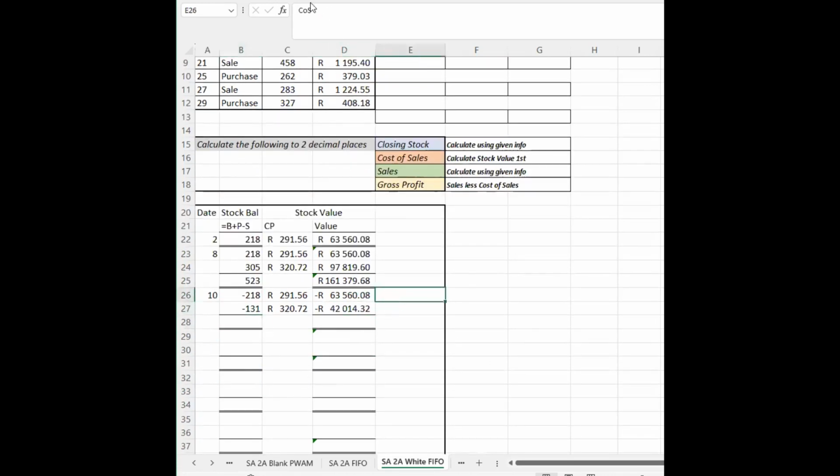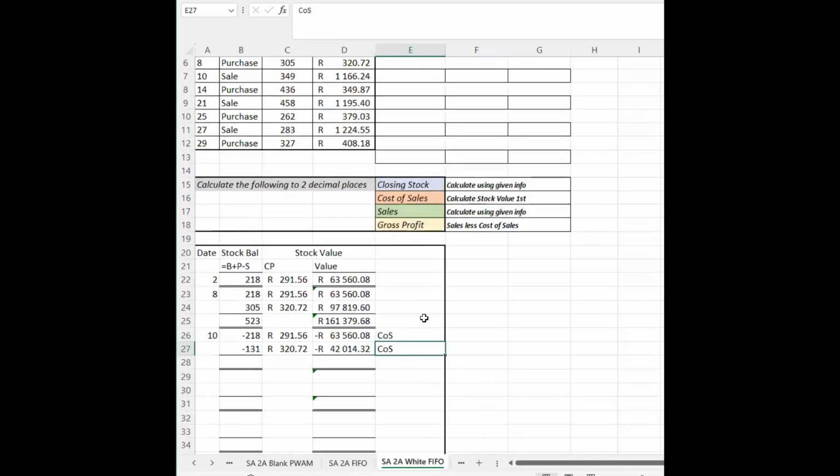And remember, that is a cost of sale. And that is a cost of sale that we are going to use here at the top. And then, of course, if we want to know what the position is at the end of the day, we simply take the 523 minus the 218 minus the 131. And now we are seeing that we are sitting with 174 units.